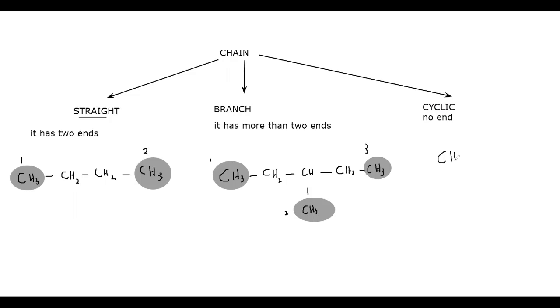So if it is CH2, CH2, CH2, CH2, and then CH2, because we don't find any end, what we call that is a cyclic. So a chain can be straight, it can be branched, or it can be cyclic. Is it clear, the idea about the chain?